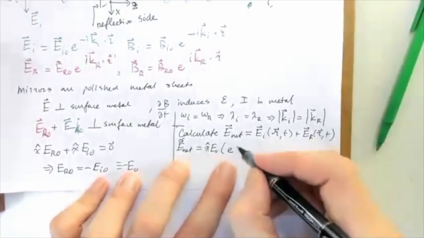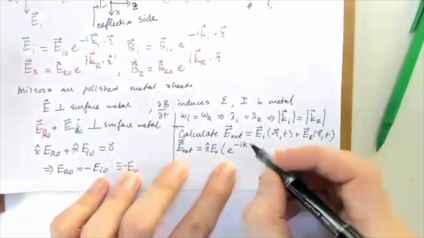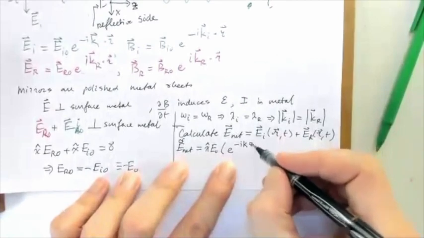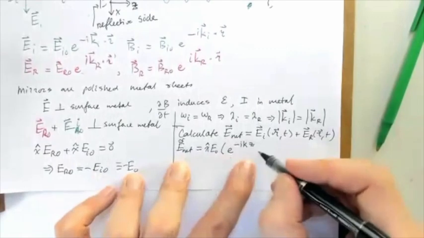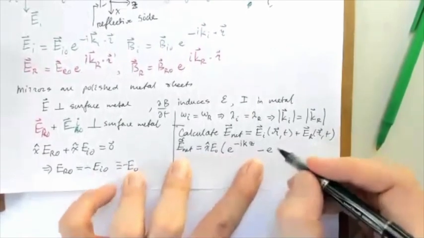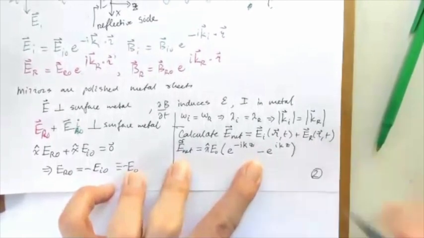That's e to the power minus i k z, and then the reflected part has the opposite sign, e to the power i k z.